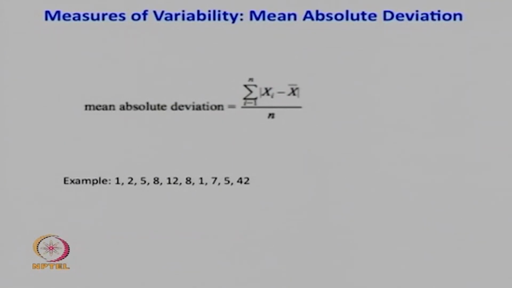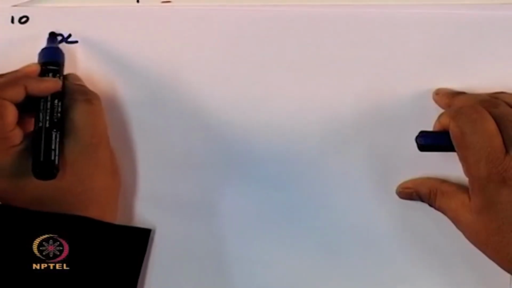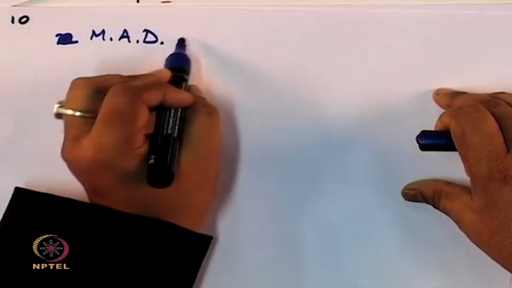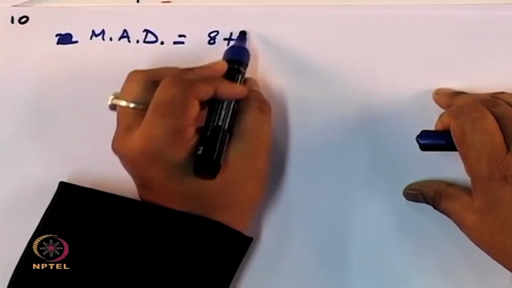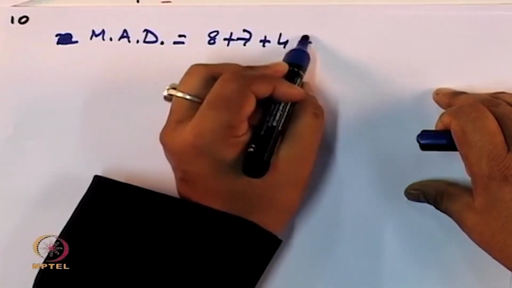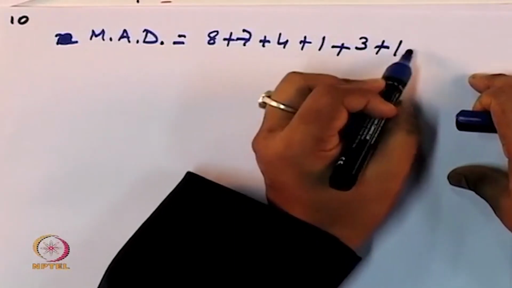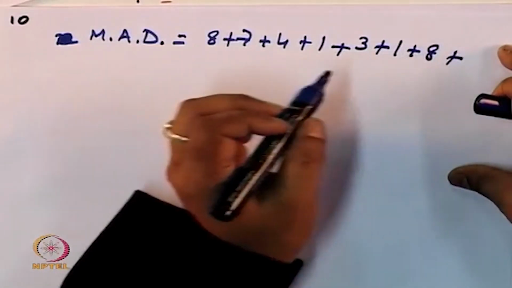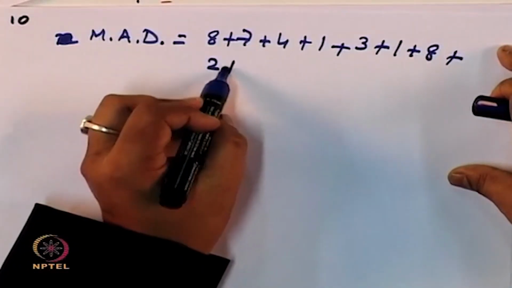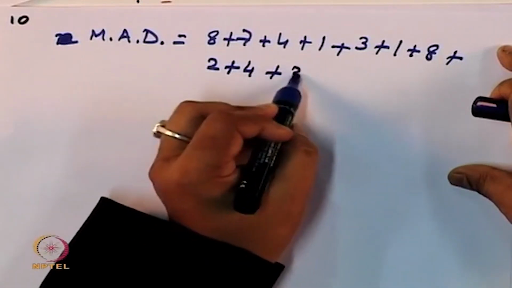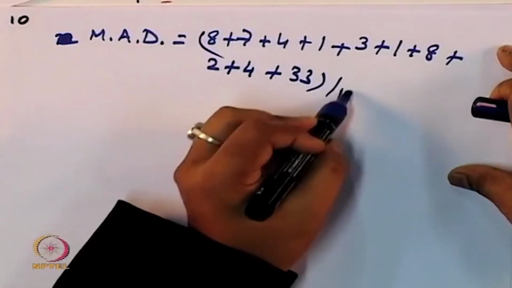I can calculate this exact value. The mean absolute deviation is equal to (8 plus 7 plus 4 plus 1 plus 3 plus 1 plus 8 plus 2 plus 4 plus 33) whole divided by 10.